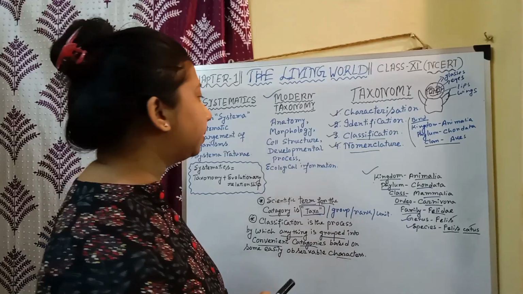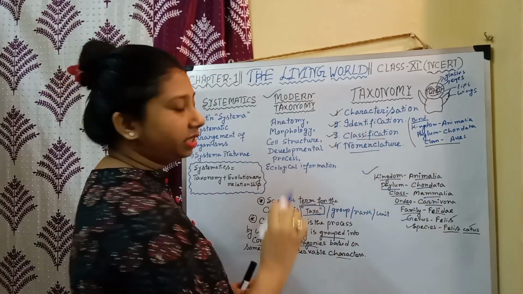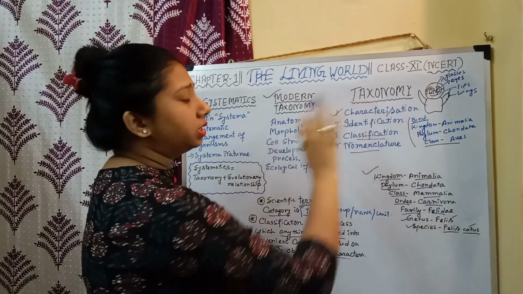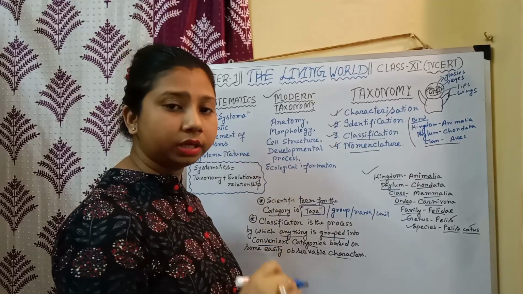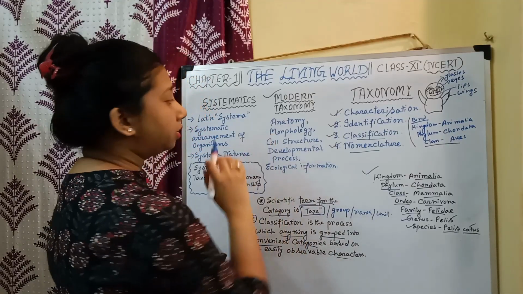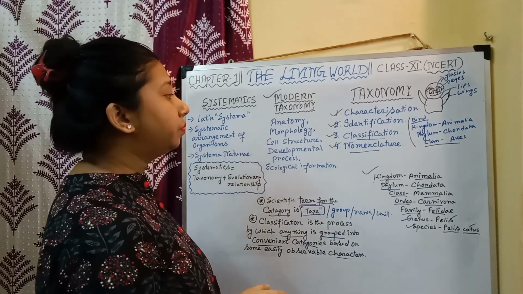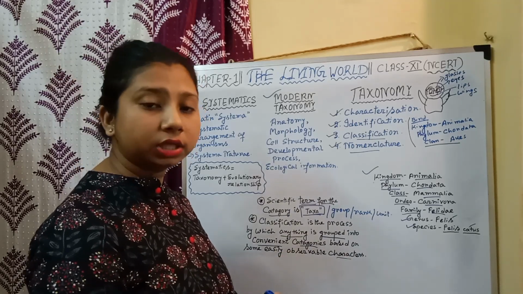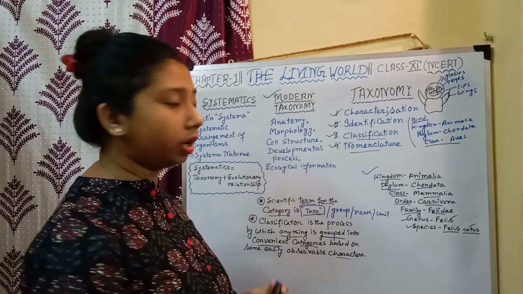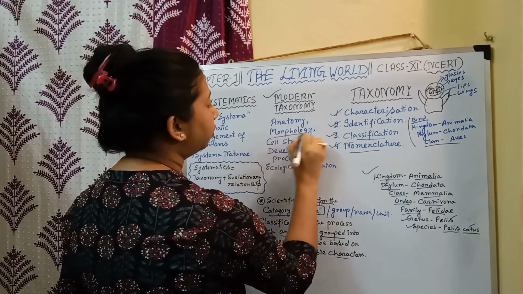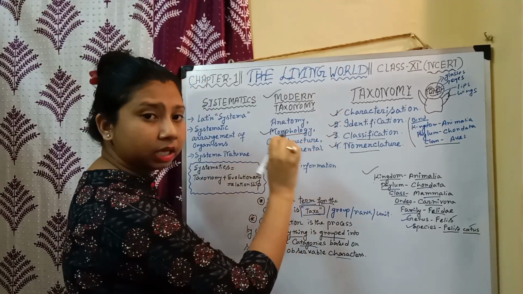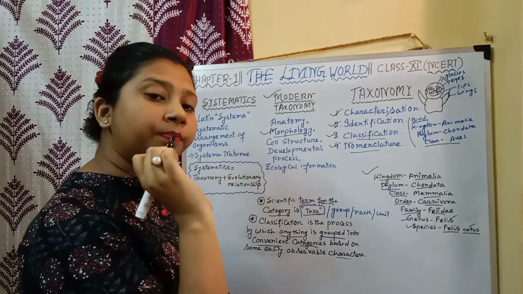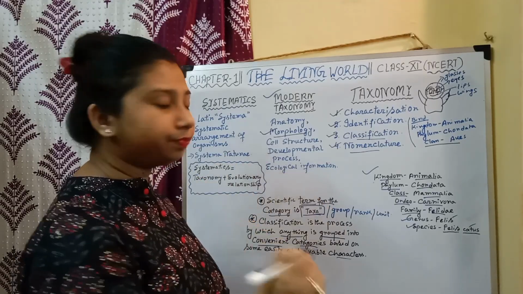What are the additions? Characterization means noting down the characters. In modern taxonomy we have to note down the morphological characters, meaning the external characters or features of the organism.